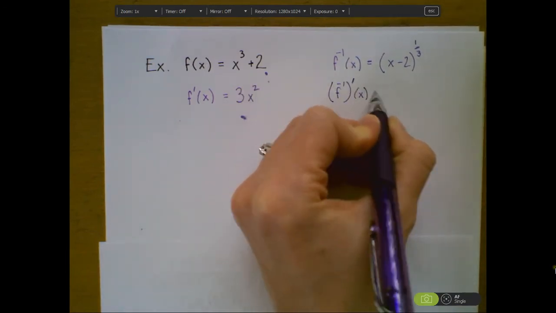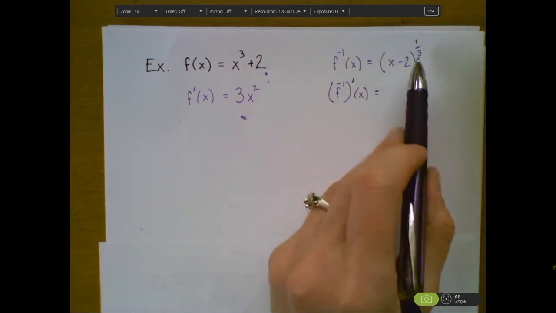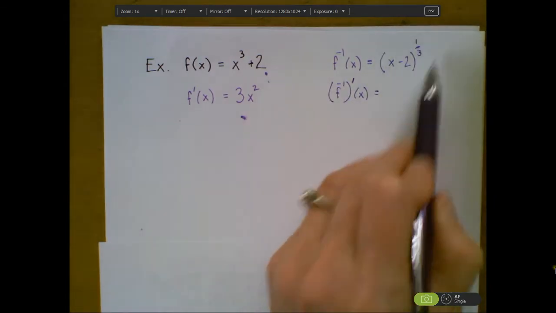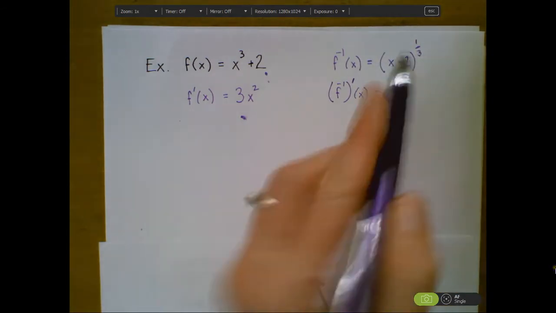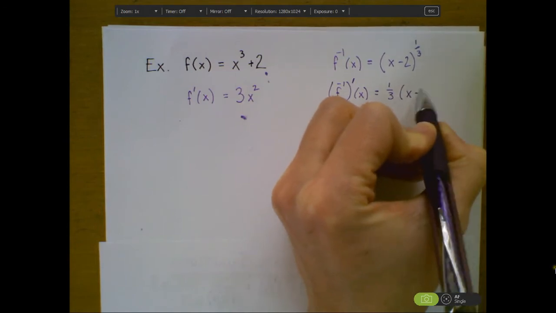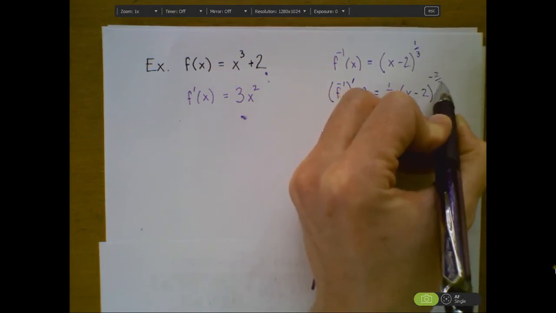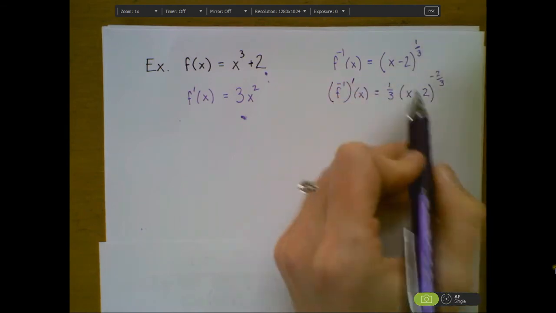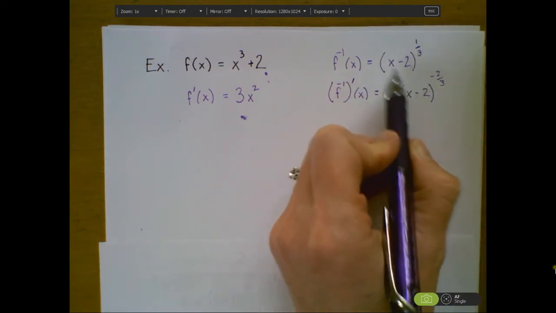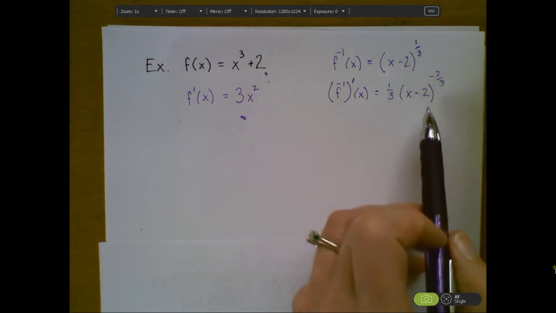We could just rename this function g if we wanted to. I'm going to have to use chain rule. The derivative of the outside function has a power, so that becomes 1/3 x minus 2 all raised to the negative 2/3. I'm subtracting 1 from that, times the derivative of the inside. Thankfully, the derivative of the inside in this case is easy. It's just 1.